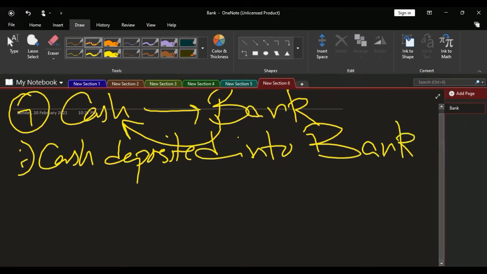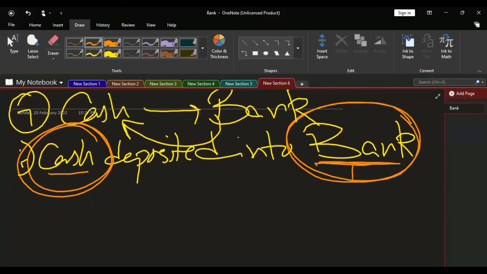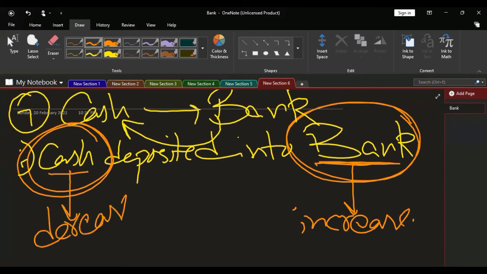The main two items that are affected here are the cash and the bank. When cash is taken from a business drawer and deposited into the bank, then the bank balance will increase and the cash will decrease in our drawer.